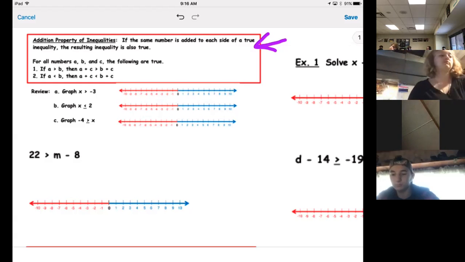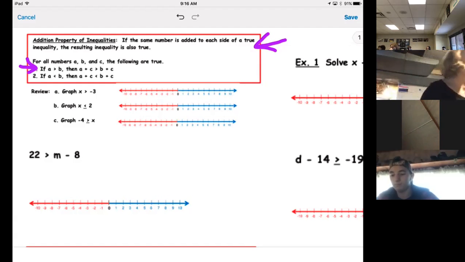So if A is greater than B, then if I add C to both sides, A plus C is still going to be greater than B plus C. If A is less than B, and I add C to both sides, then A plus C is still less than B plus C.